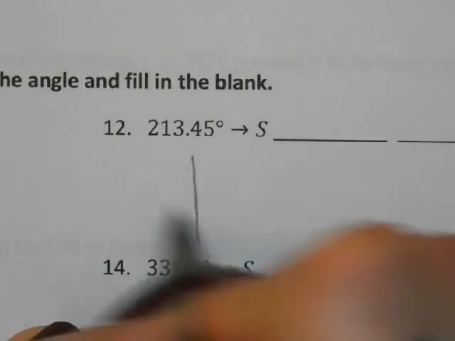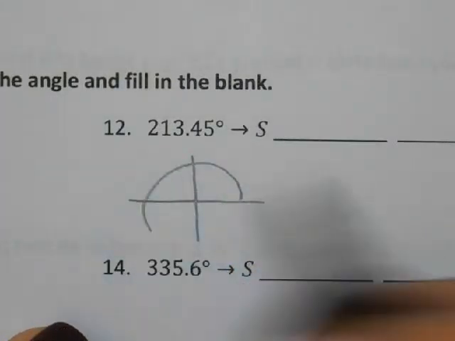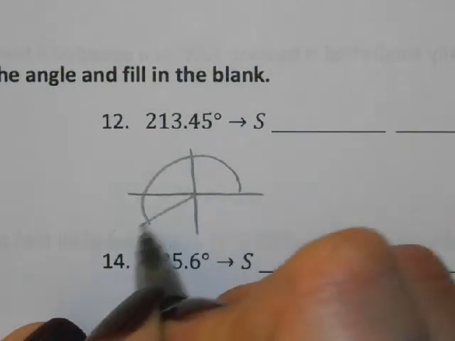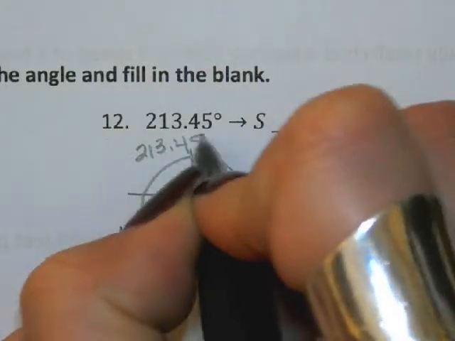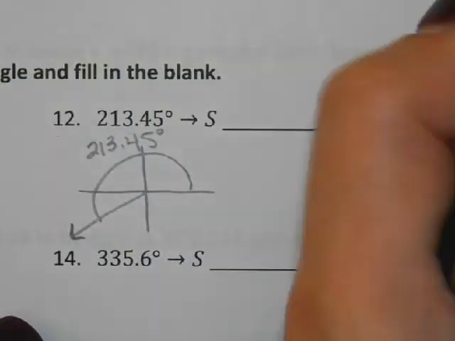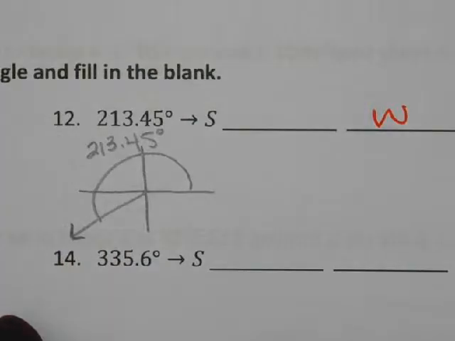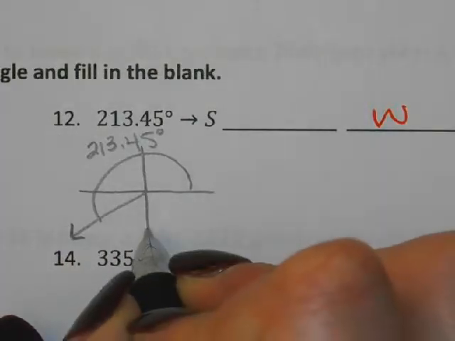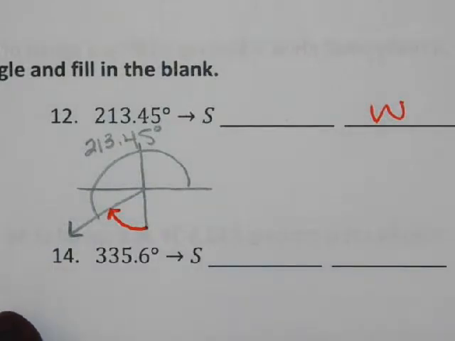All right, the next one, 213. So there's 90, 180, 213 would be somewhere over here. So are we doing a southwest or a southeast angle? West. And we know that because it's in quadrant 3, not in quadrant 4, so it's on the left side, which would be the west side. And so that means that we're going to measure it from here this way. So what could we do?